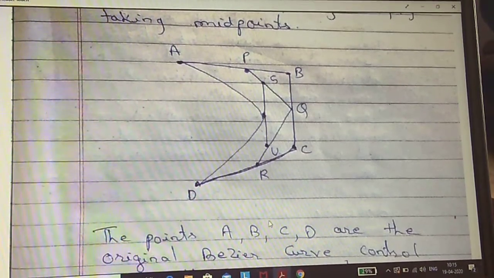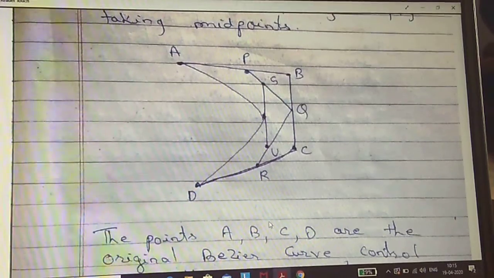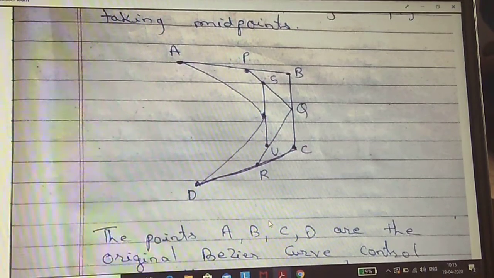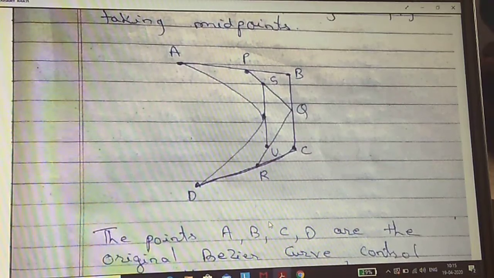This point T divides the curve into two sections. One, as we can see, is A, P, S and T, and the second is D, R, U and T.